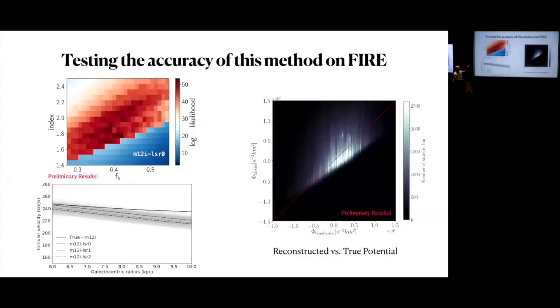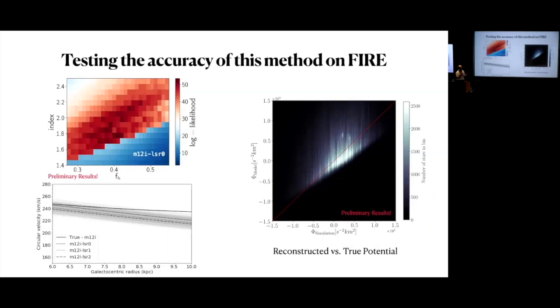We also tested this idea on the FIRE simulations. This is, for example, one of the M12I simulations. They used a power law model. They fixed the potential of the bulge and the disk, and they used a power law potential for the dark matter halo, so they have just 2 free parameters.